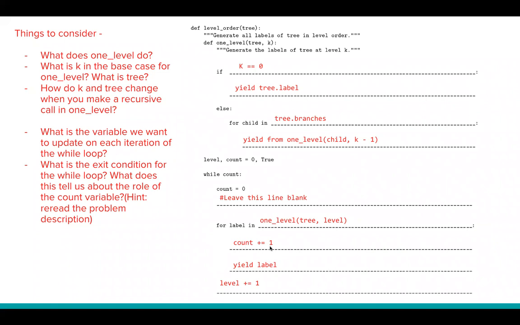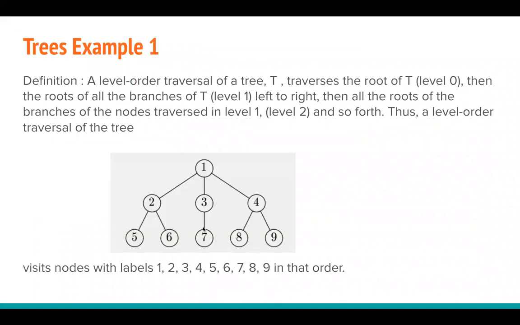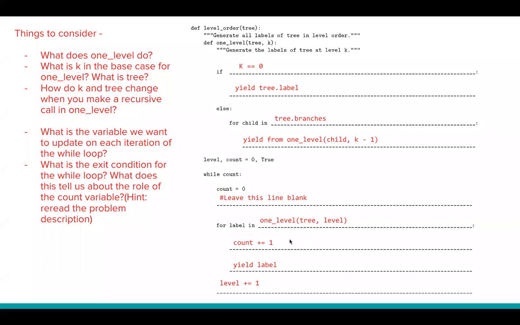The reason we have count += 1 is it's important to look at the actual visual representation. Each time there's a node at a certain level, this is level 2, you're going to increment count by 1. So 1, 2, 3, 4, 5. By the end of this for loop, count is equal to 5.